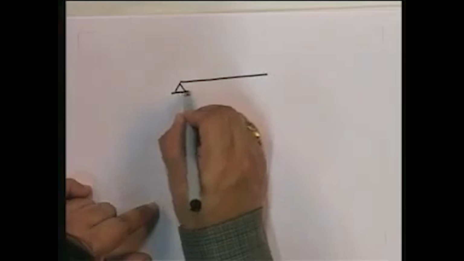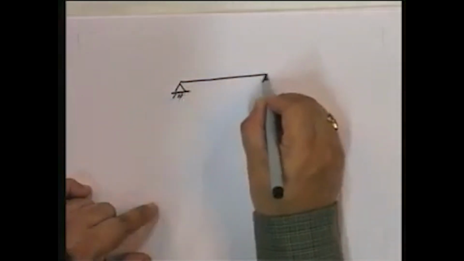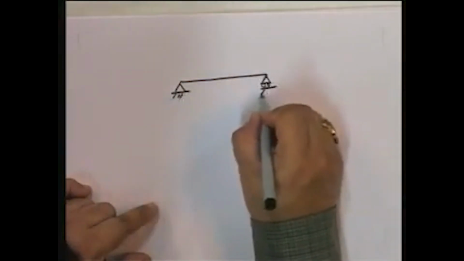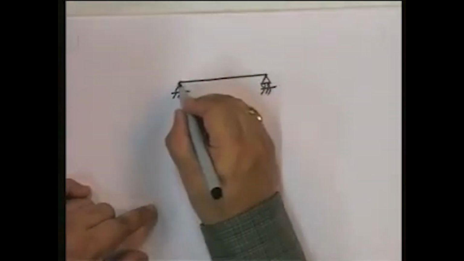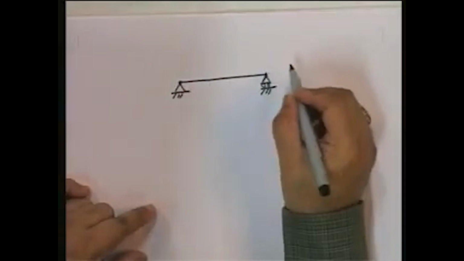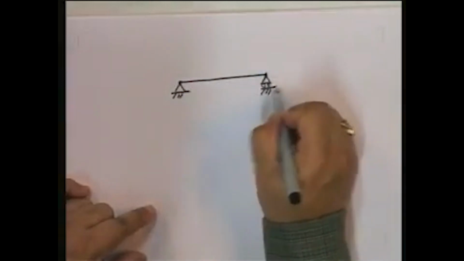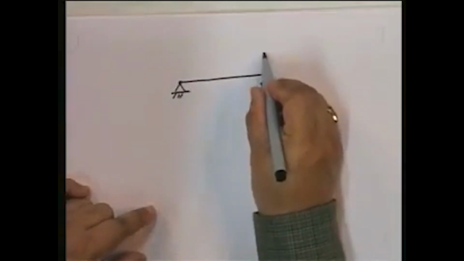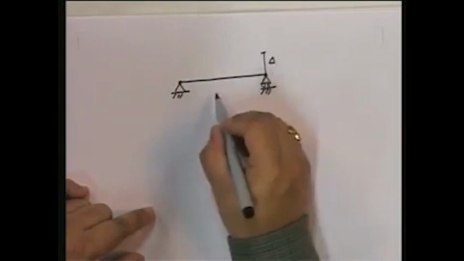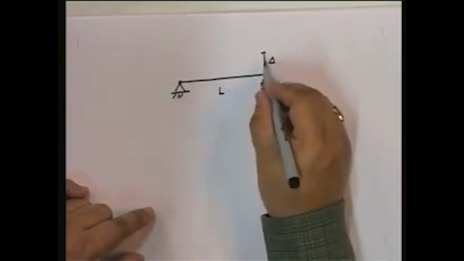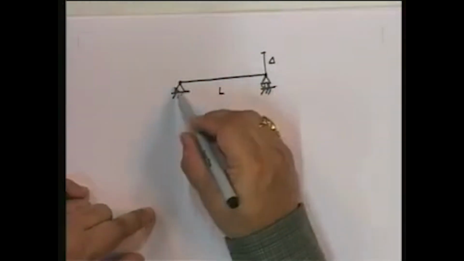Take this situation. Suppose now this is a pin here and a pin here. Suppose I were to remove this and let this go up by delta. Note that this delta is small compared to the L, so it is essentially small displacements. So how would this displace?